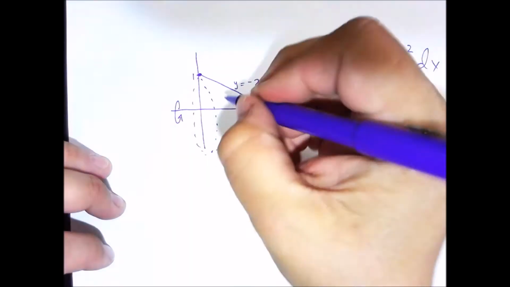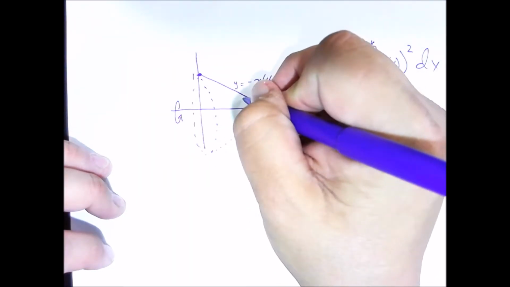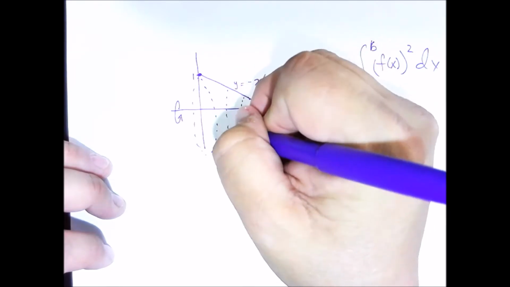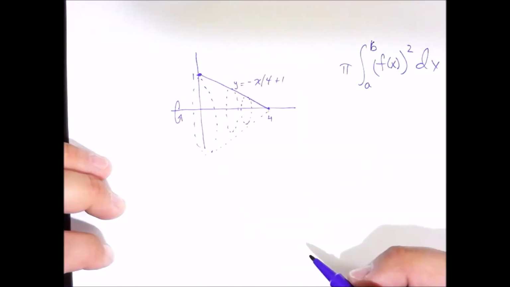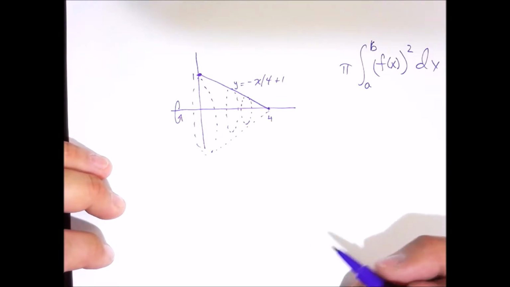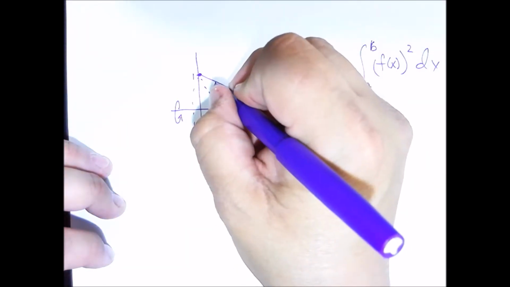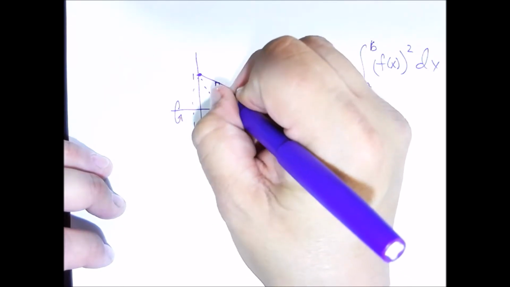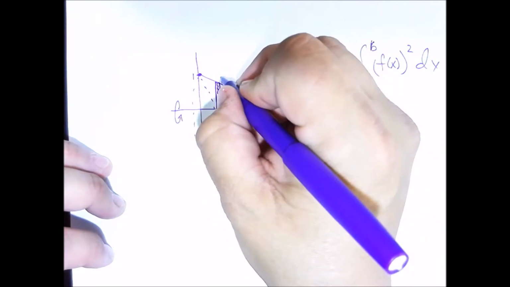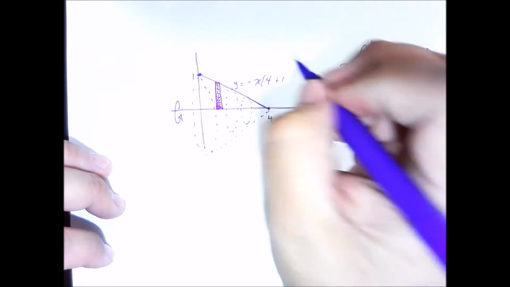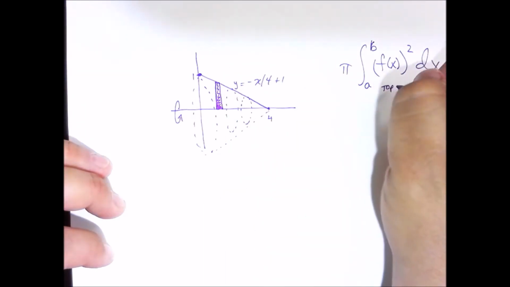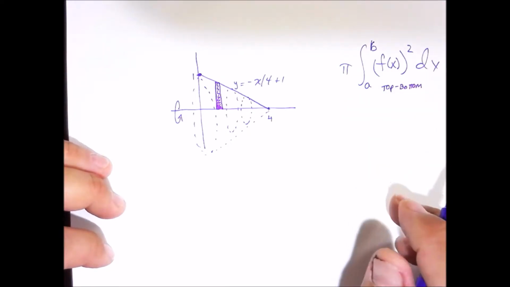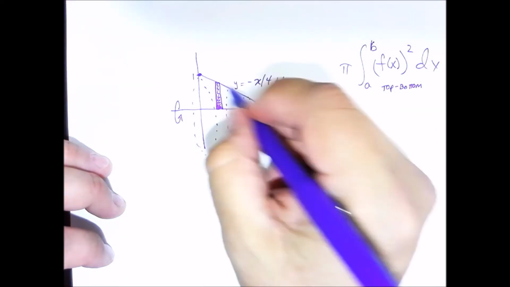So can you imagine me cutting these into those little discs like we did? Really what we're doing is we're basically taking the area, so we draw in our rectangle, which is top minus bottom.